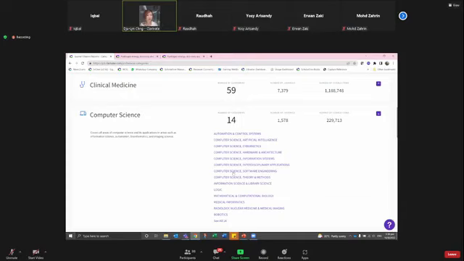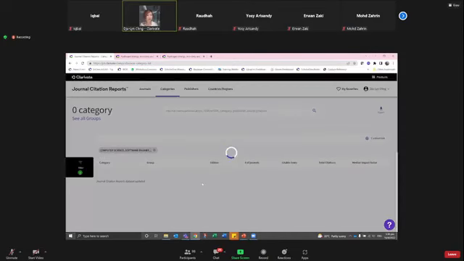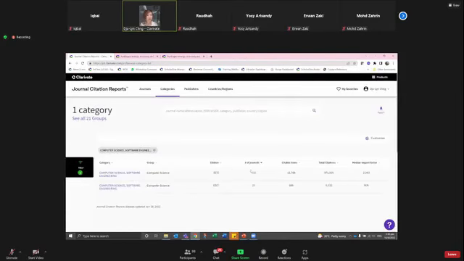So say, for example, I'm in software engineering, and click Computer Science, Software Engineering. Pardon the speed. Okay, so then we have the 110 that are in SCIE and 23. So if you only want those that have a journal impact factor, then you click 110.